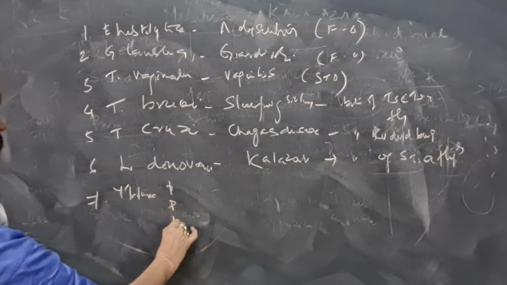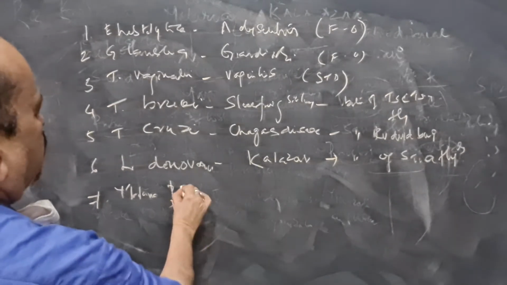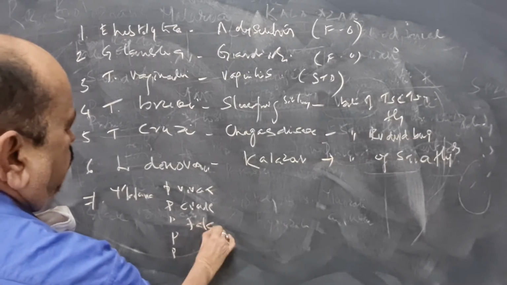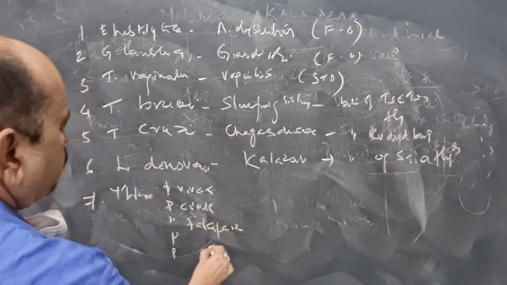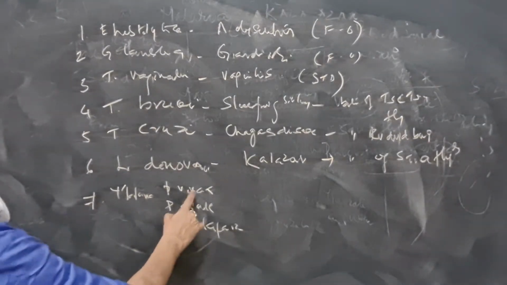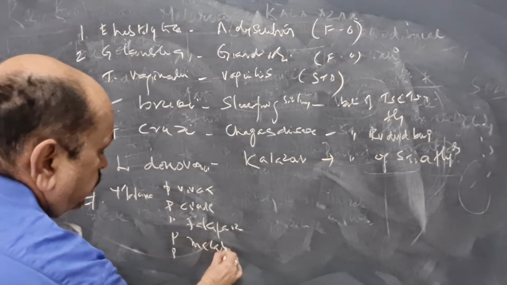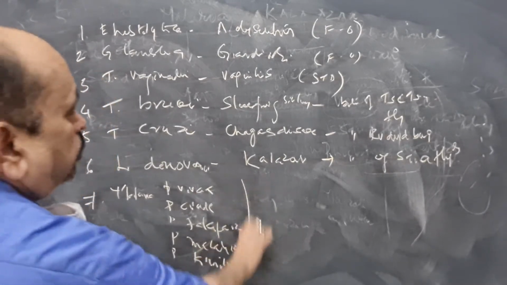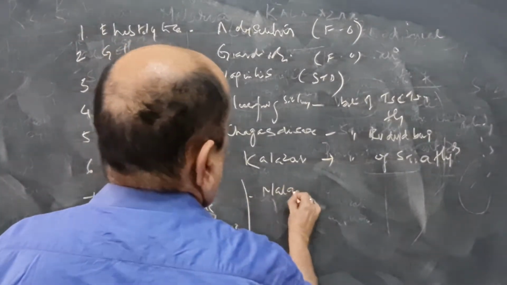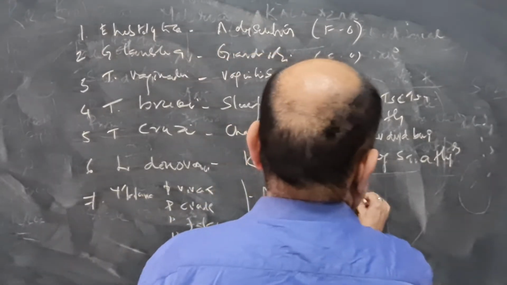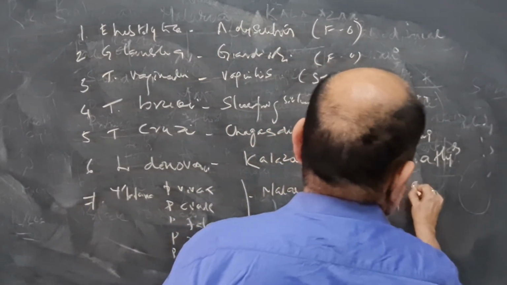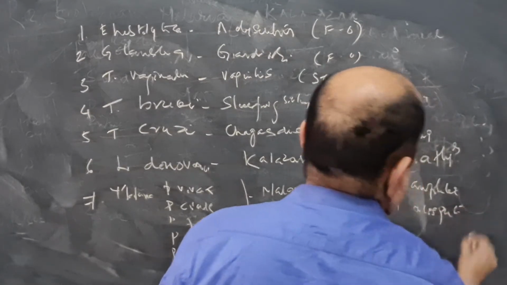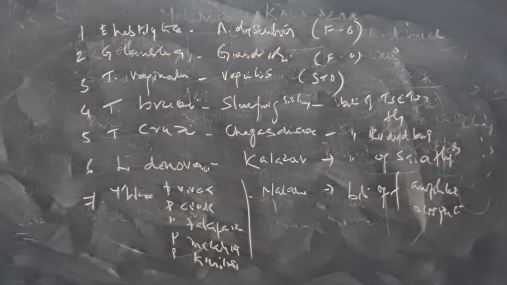So you have to remember the Plasmodium 5: vivax, ovale, falciparum, malariae, and knowlesi. Malaria is transmitted by the bite of the female Anopheles mosquito.